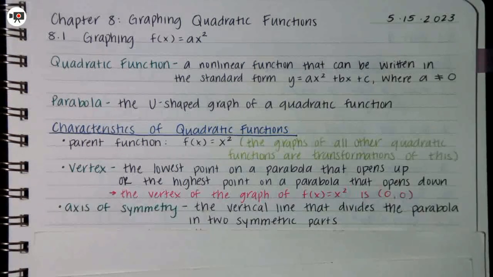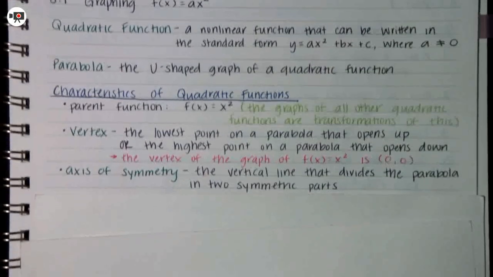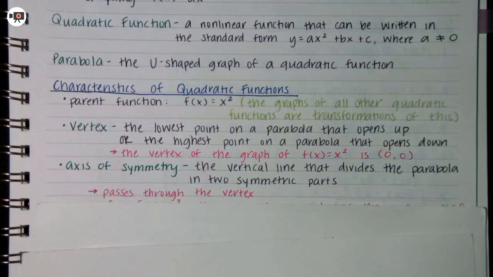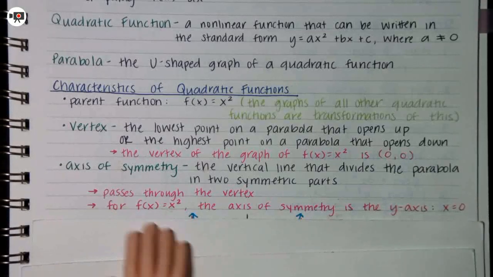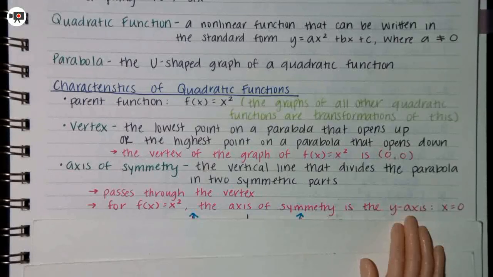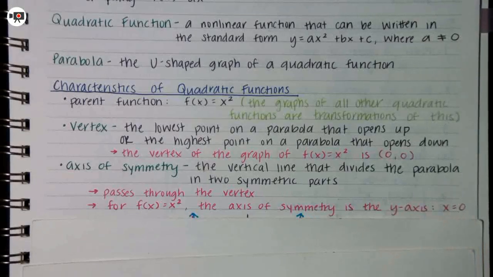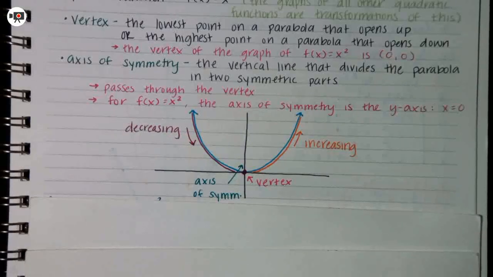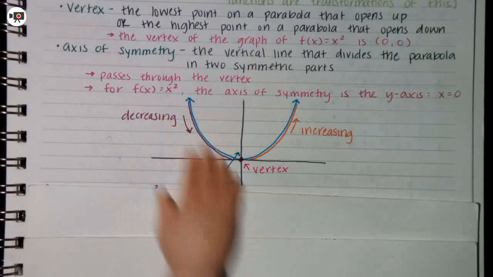And we have the axis of symmetry, which is the vertical line that divides the parabola in two symmetric parts. It goes through the vertex, and for f of x is x squared, the axis of symmetry is the y-axis, so it's x equals 0. If we look at a graph of a parabola here, it opens up.